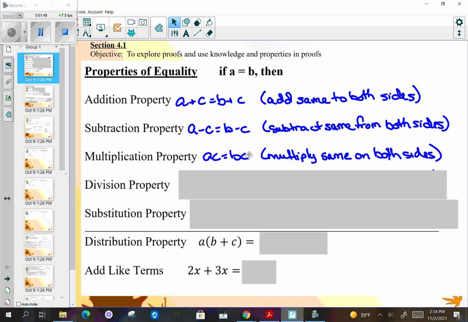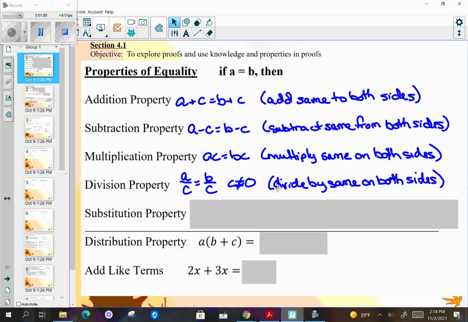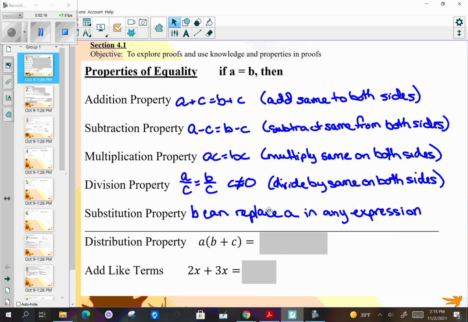And last but not least, we can divide the same thing on both sides, as long as what we're dividing by isn't 0, because we can't divide by 0. So if A equals B, then A over C equals B over C when C is not 0. We divide by the same thing on both sides. And the last thing we know is if A equals B, then we can put B in place of A in any expression we want to.